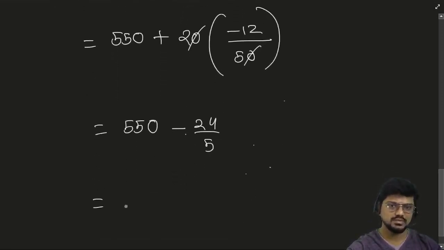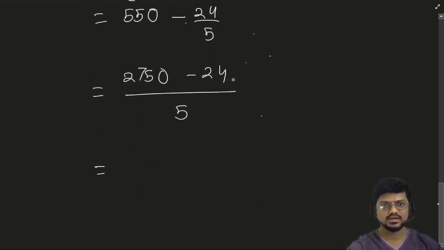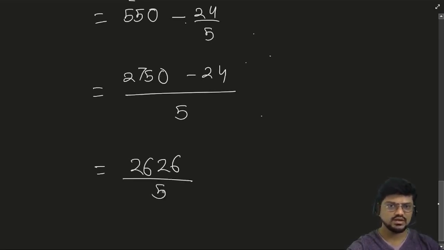So you can do the cross multiplication over here. 5 zeros are 0, 5 5s are 25, 5 5s are 25, and then 27 minus 24. That will be 10 minus 4, that is 6. Then 4 minus 2, that is 2. Then this is 6, and this is 2, and then divided by 5.